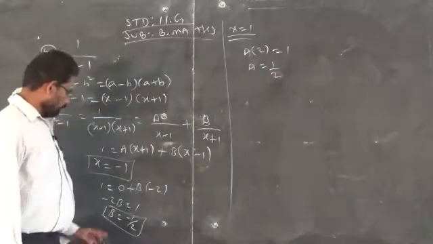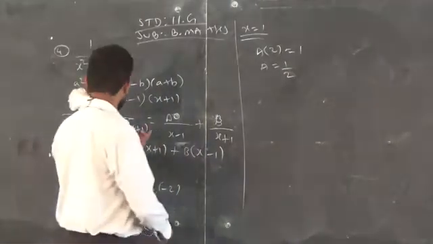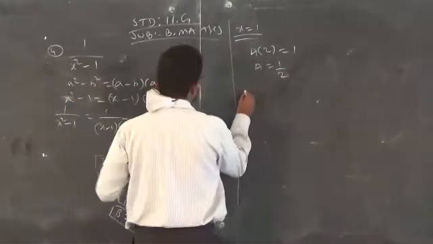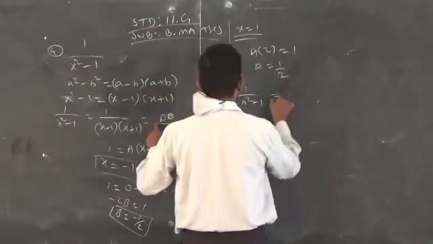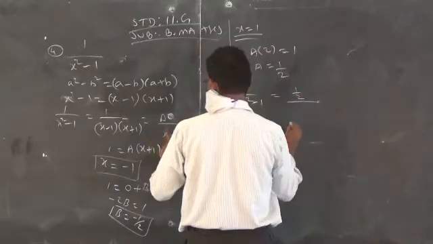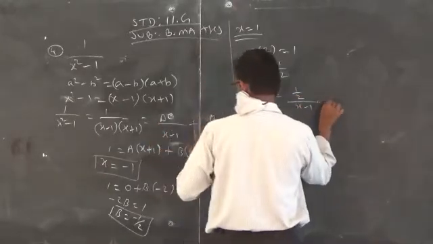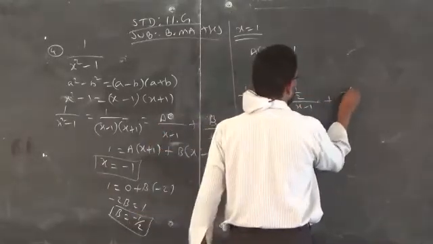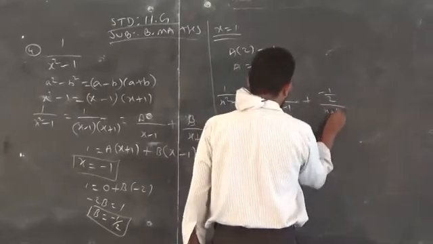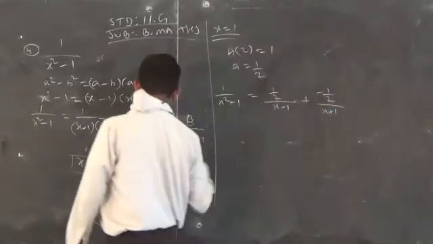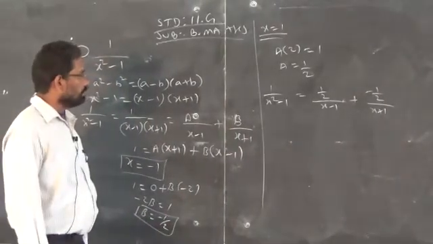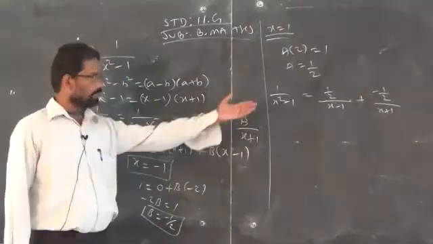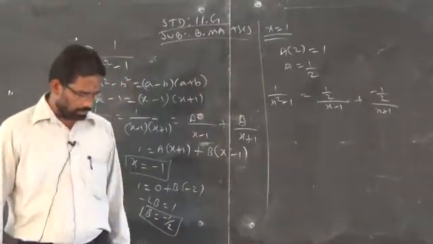Now I know the values of a and b, just replace them. It is equal to a, which is 1 by 2 over x minus 1, plus b, which is minus 1 by 2 over x plus 1. That is all. Just replace the values of a and b in their respective places. This is your required answer.